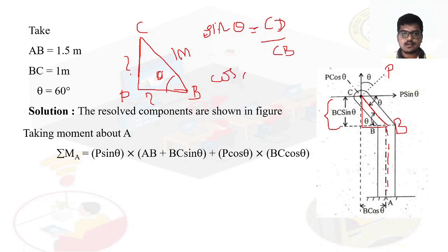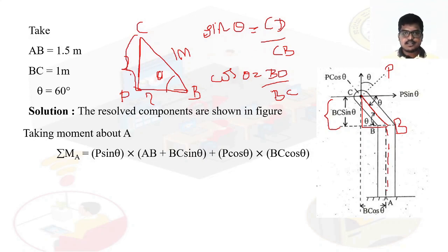Similarly, cos theta is equal to adjacent, that is BD, divided by the hypotenuse, that is BC or CB. Now what I want is this distance. So what is this distance?